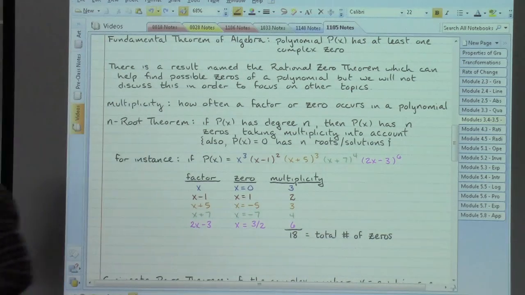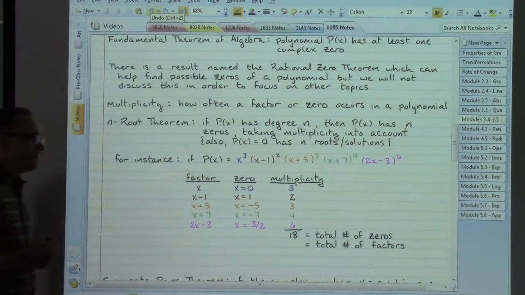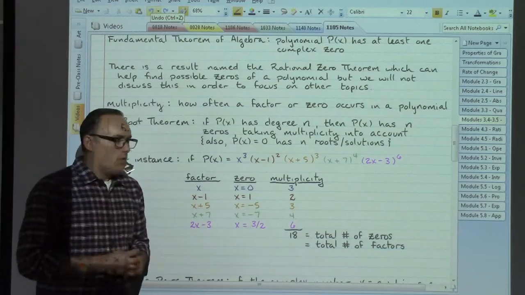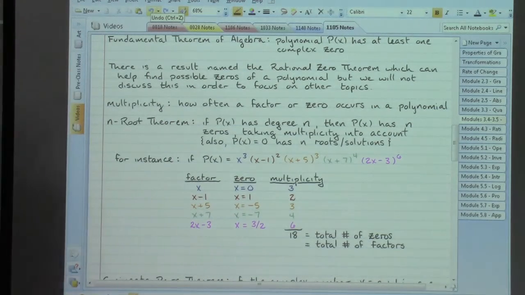Well, not only did the 18 total zeros happen, but the zeros are tied back to these factors, so 18 is the total number of factors. Well, if we take those factors and multiply them out, that means that the nastiest looking term that would show up would be an x that had a power of 18.